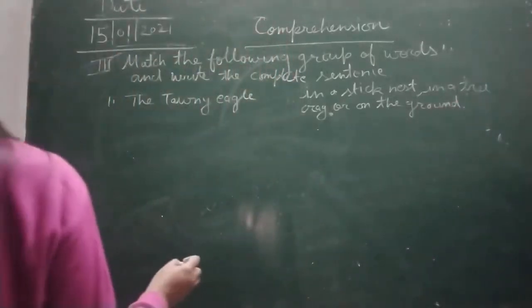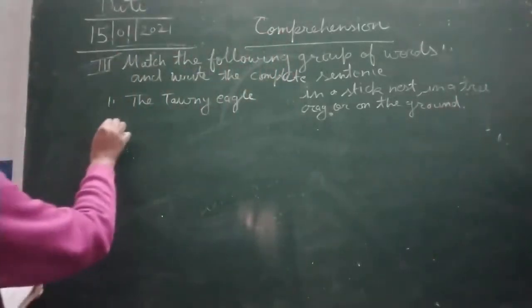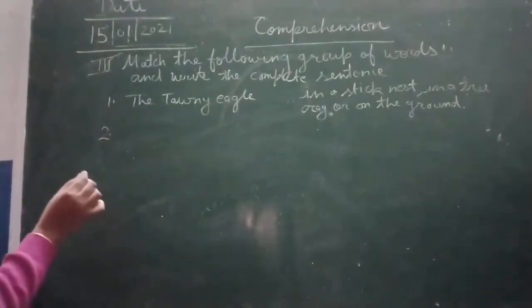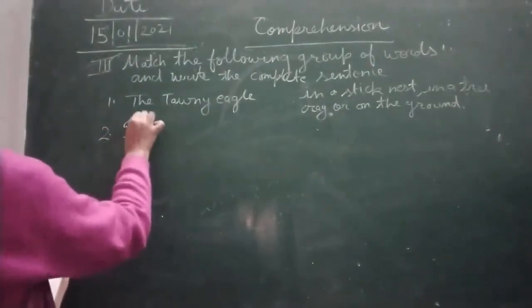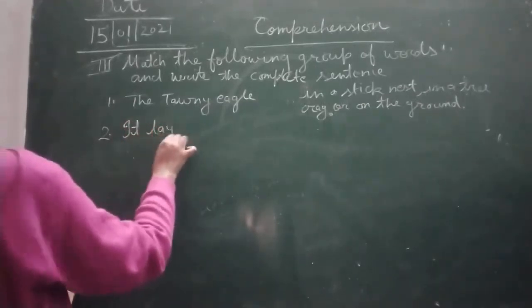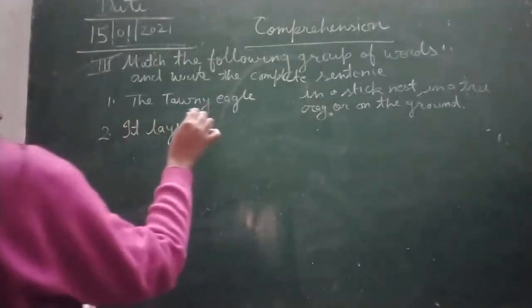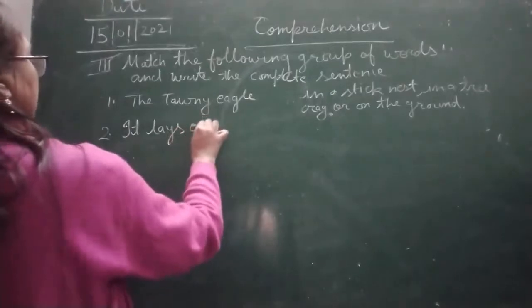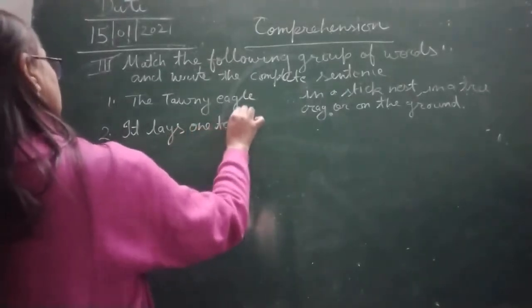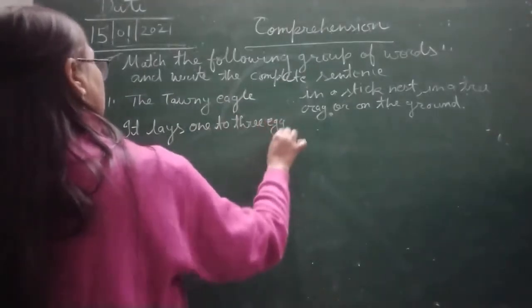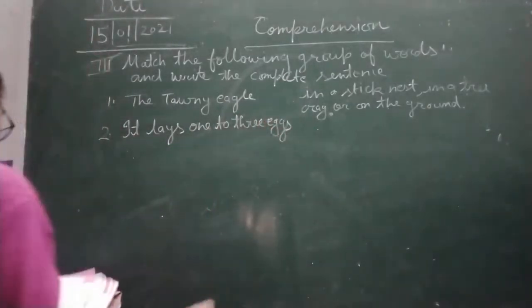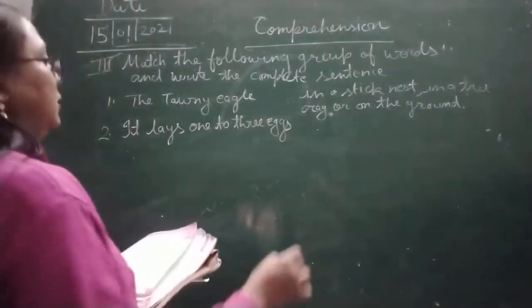Now this first line is completed. Now we are moving to the second line. It lays 1 to 3 eggs. 1, 2, 3 eggs.